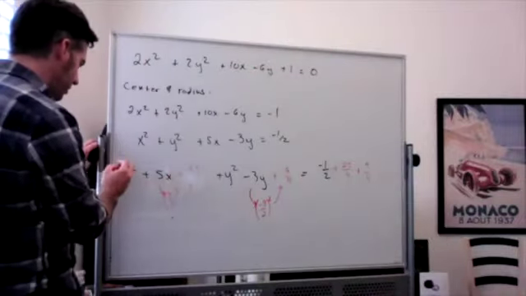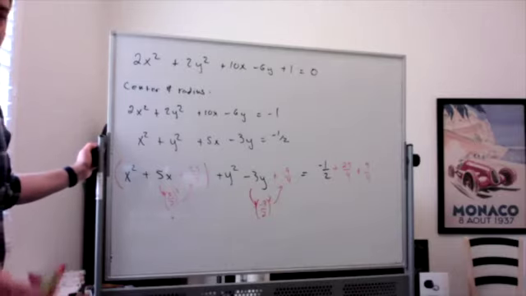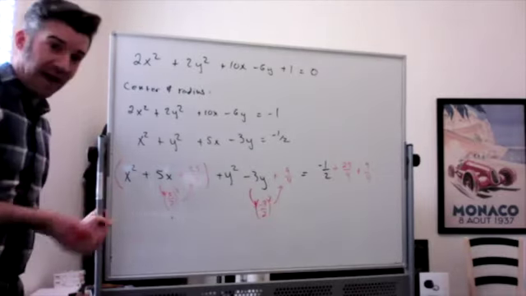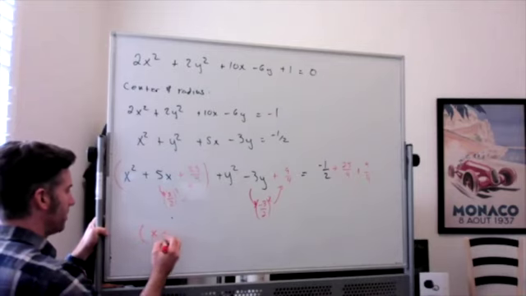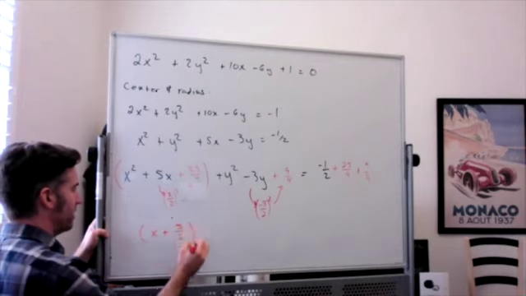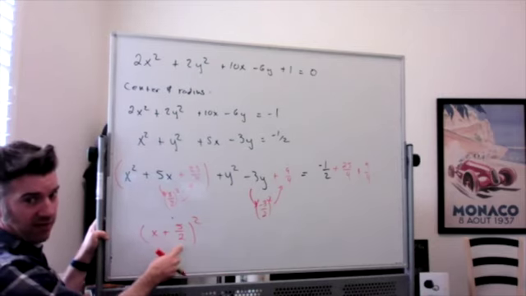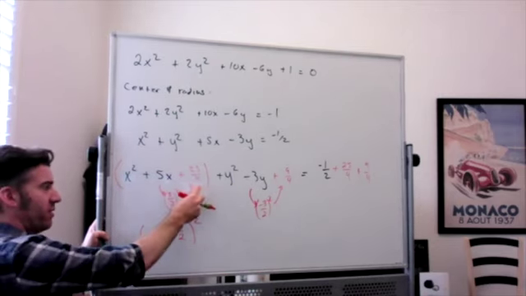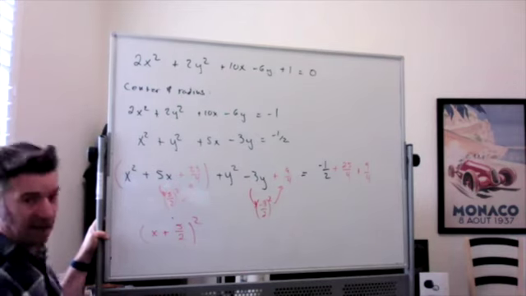Okay, so here's how this ends up playing out. This whole thing, x squared plus 5x plus 25/4, factors as x plus 5/2 squared. Right? If you multiply this out, the 5/2 times 5/2 gives you the 25/4, and the 5/2 x plus the other 5/2 x gives you 5x.